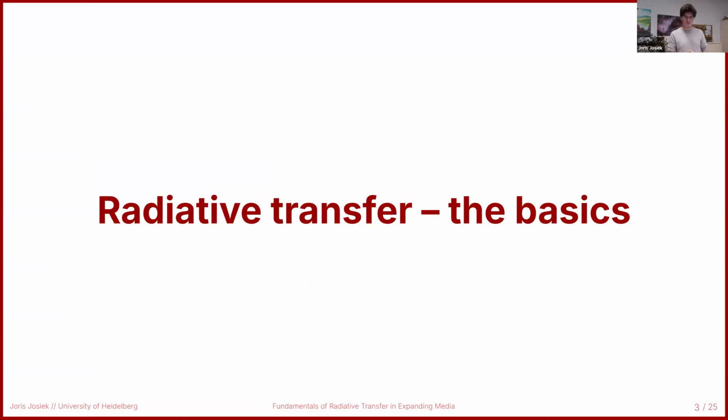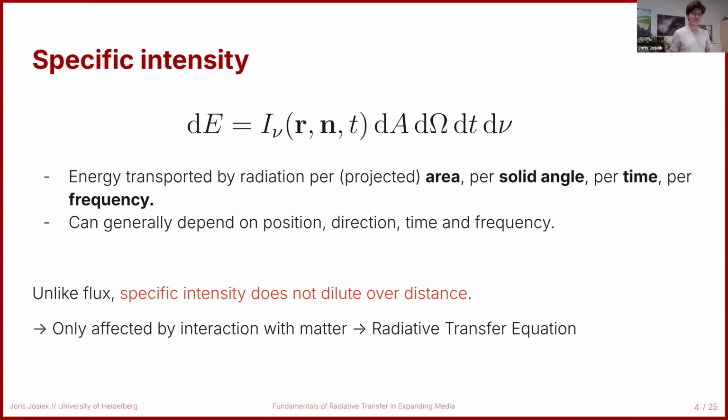Most of you have probably had some sort of introductory lecture to radiative transfer. So here I'm just going to repeat the basics so that we're all on the same page in terms of definitions and key equations. The quantity that we're talking about the whole time is the so-called specific intensity. The specific intensity is basically the energy transported by radiation per area, per solid angle, per time, and per frequency.